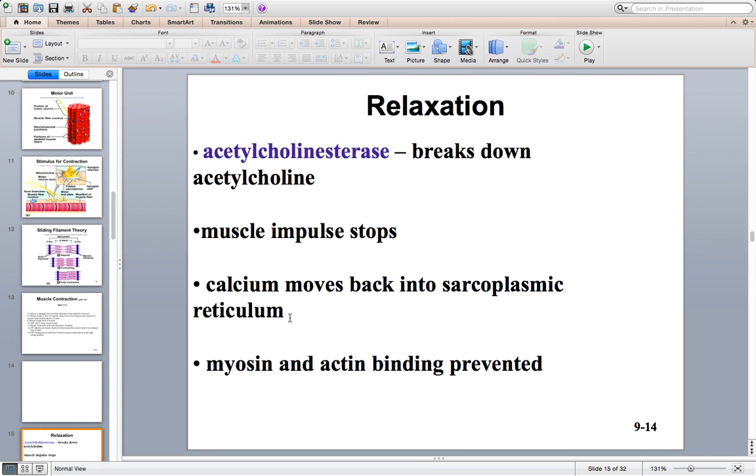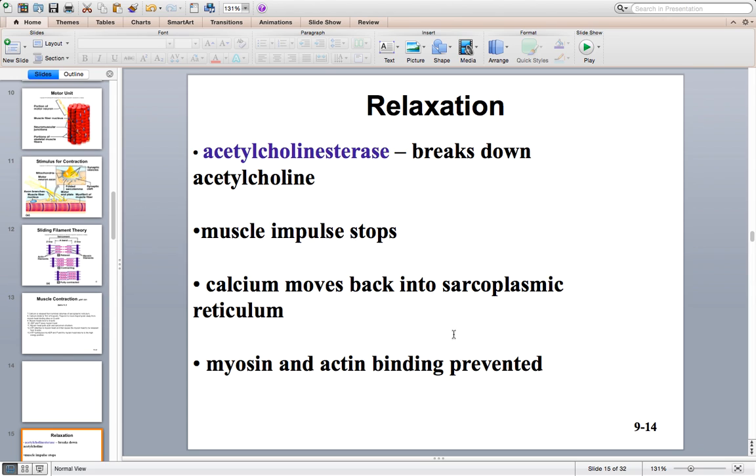Okay. Relaxation happens when acetylcholinesterase breaks down acetylcholine in the synaptic cleft. Otherwise, you're just going to keep getting a muscle contraction. And sometimes there are some bacterial toxins that can be produced that stop you from being able to relax that muscle.